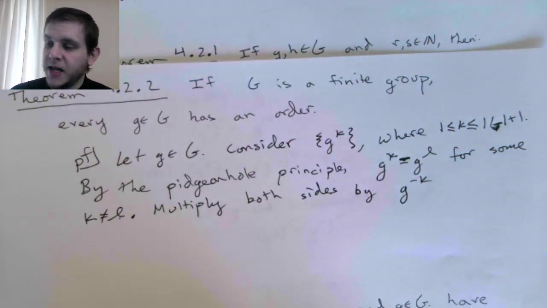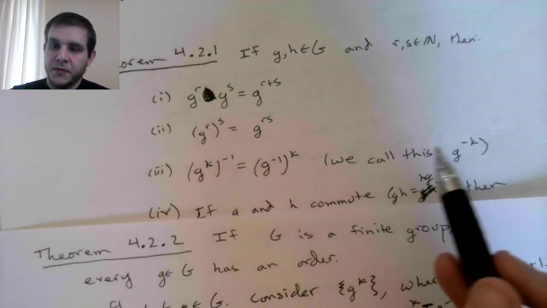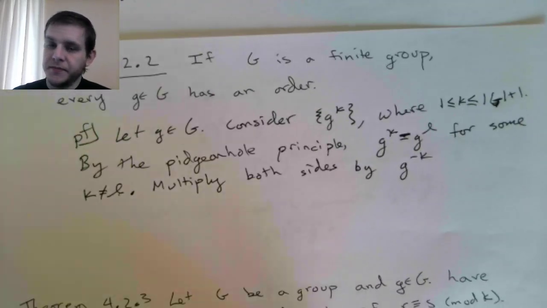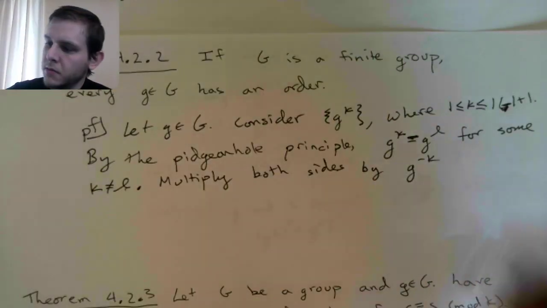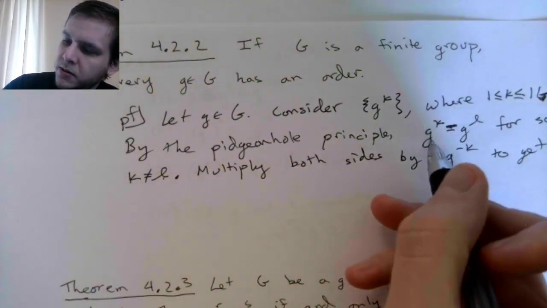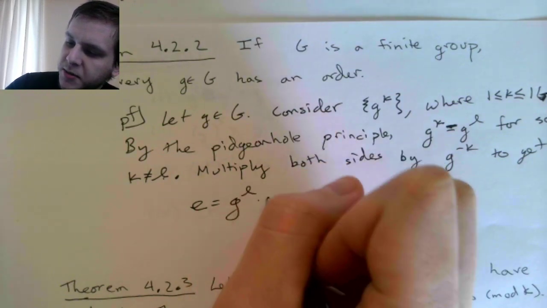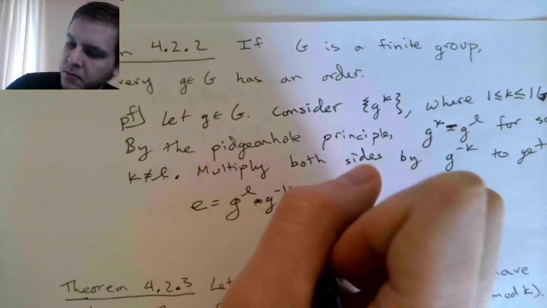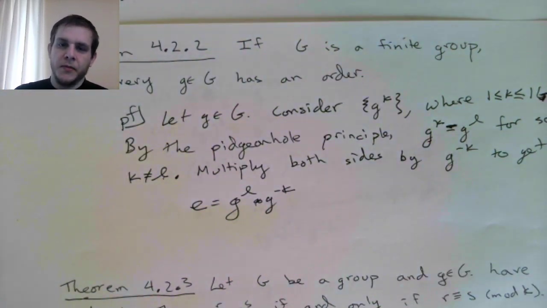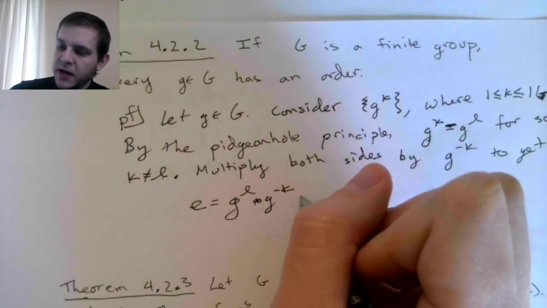Right? Every element has an inverse, and we showed up here that g to the minus k is just g to the k inverse, or g inverse to the k. Well, this becomes the identity, and this is g to the l times g to the minus k. Right? g to the minus k is the inverse of this element. But one by one, I can cancel each of these k elements with the l.